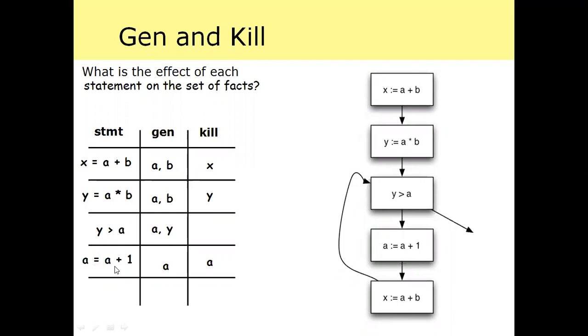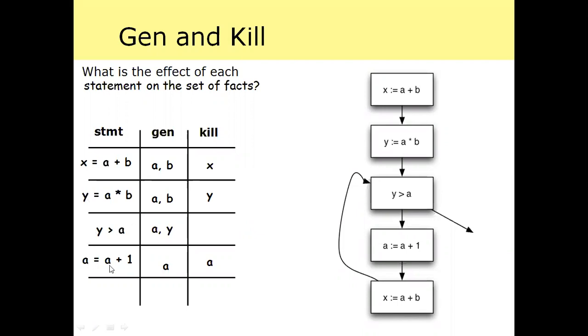Computing the variable a and assigning to the same variable, we are using a. Here these two are used and we define x, these two are used and we define y. And here no computation is done, we just compare whether y is greater than a or not. If you know the values of y and a, then only we can see whether the condition is a success or failure.